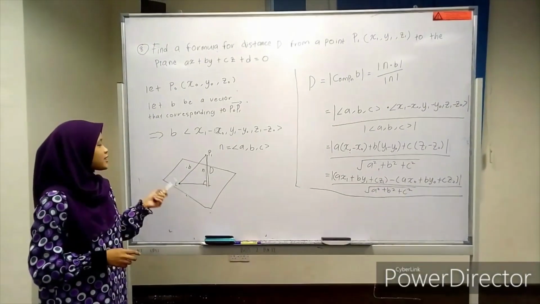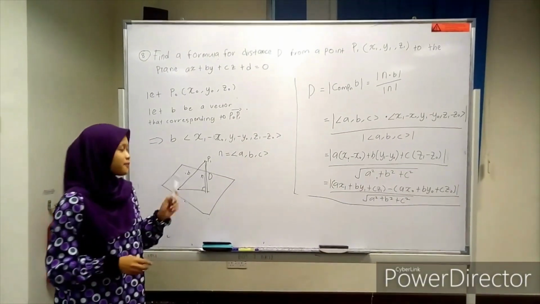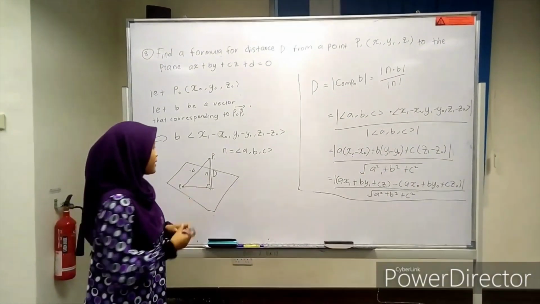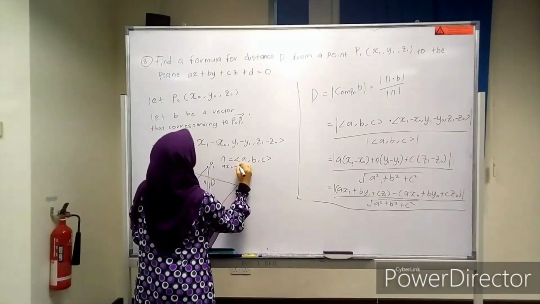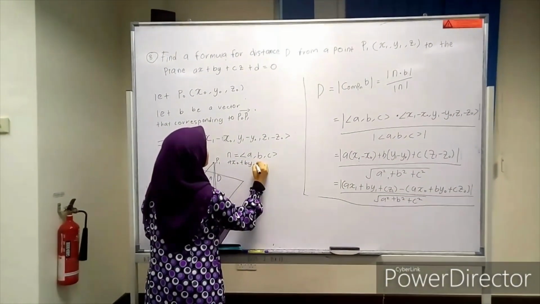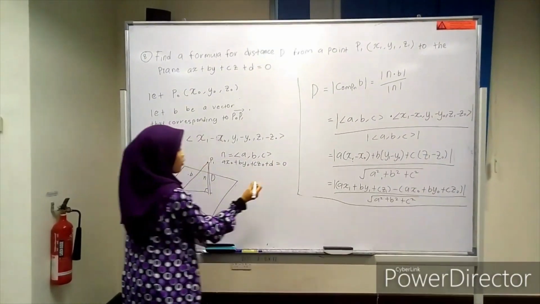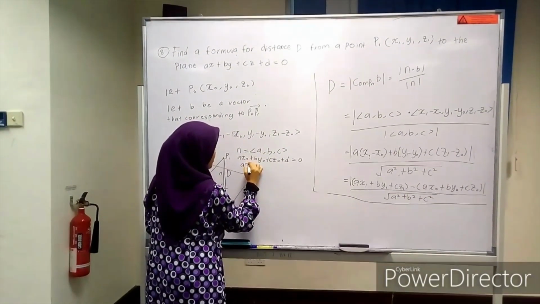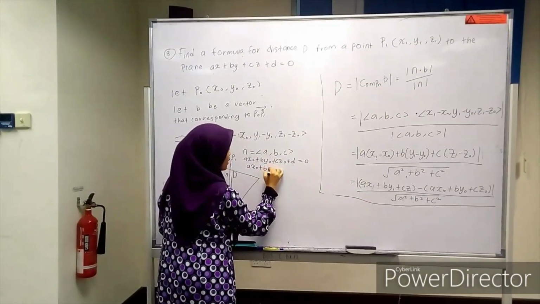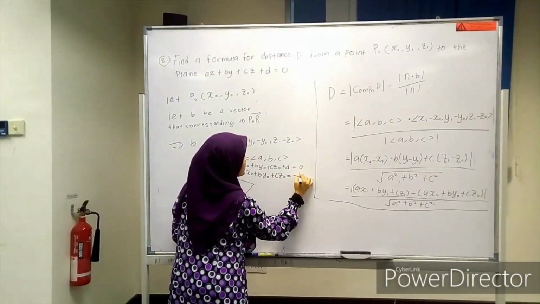The P naught lies on the plane. Its coordinates satisfy the equation of the plane. So we have ax naught plus by naught plus cz naught plus d equal to 0. We can also write this equation as ax naught plus by naught plus cz naught equal to negative d.